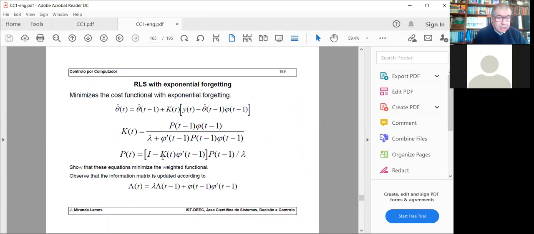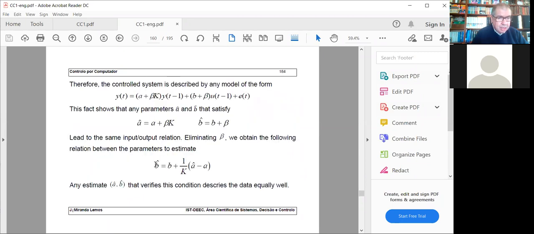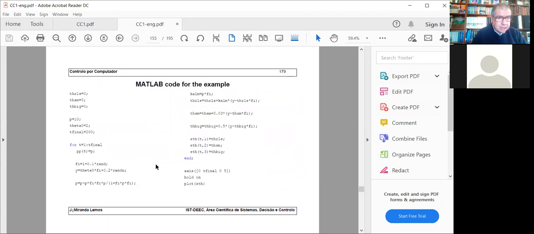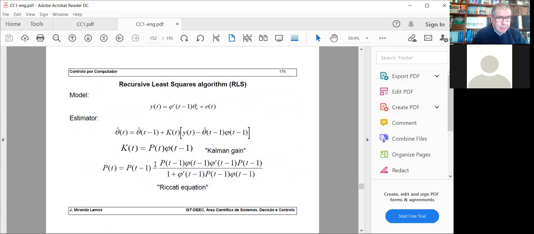You have this subtraction here. If you use the other form, you still have another subtraction. And it may happen that you have very large numbers in P, and the subtraction is very small.